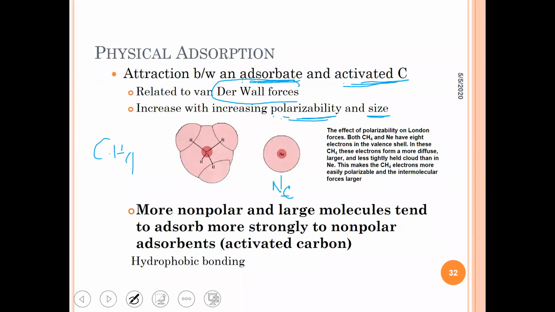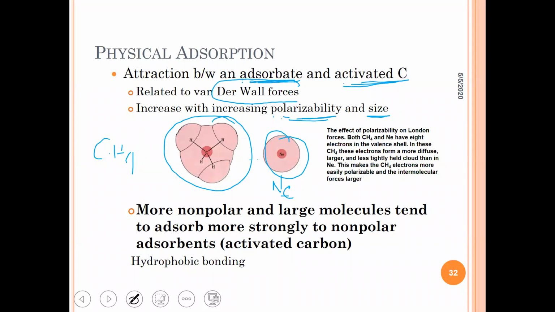Both have 8 electrons in their valence shell, but the orientation of methane is such that the size of methane is bigger than neon. It's because of the non-uniformity in orientation. Methane is a tetrahedral structure as compared to this one, which is a homogeneous structure.